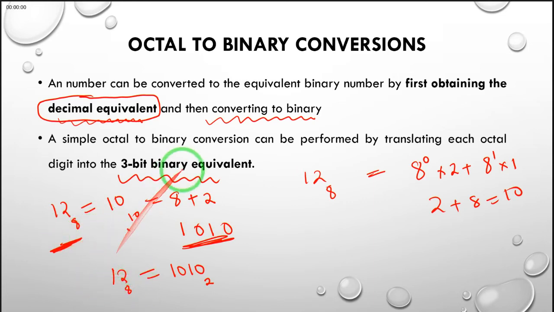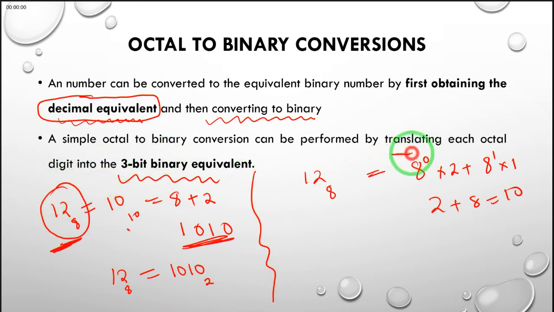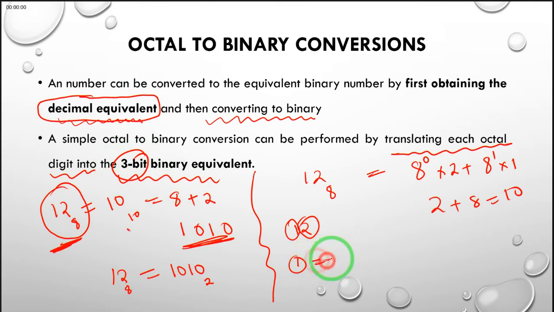The second method is just taking 12 as it is, and then, as we are told here, translate each octal symbol into its binary equivalent. So 12 has 2 digits, 1 and 2. 1 is represented by 3 binary digits as 001, and 2 is represented by 3 digits as 010.